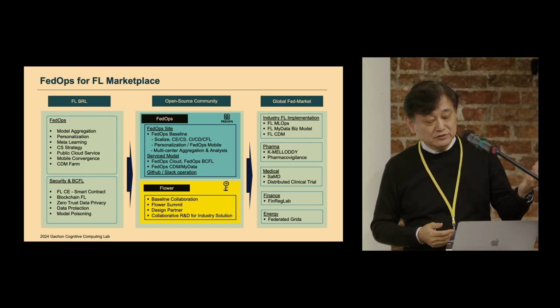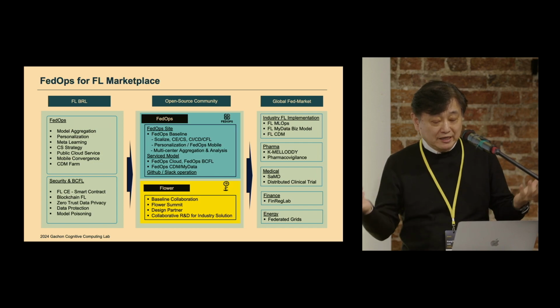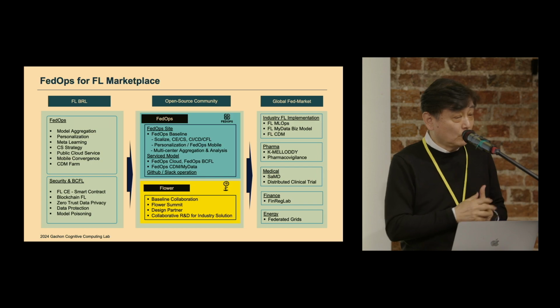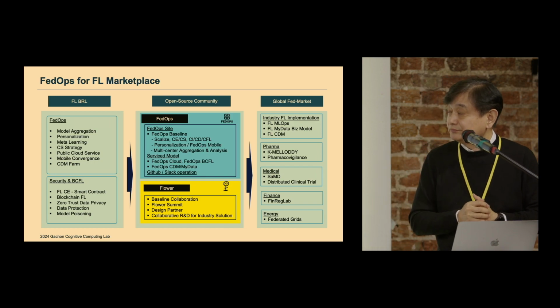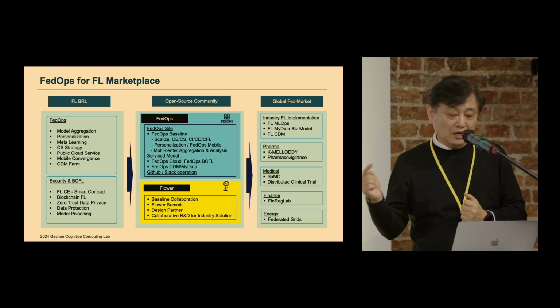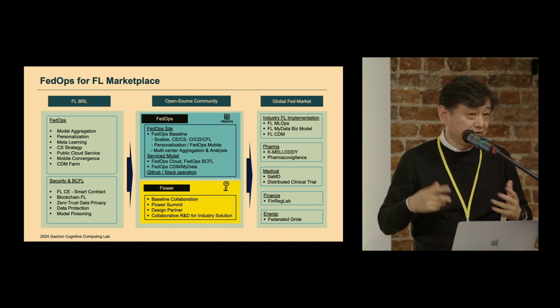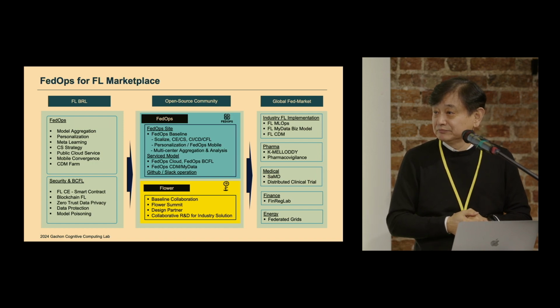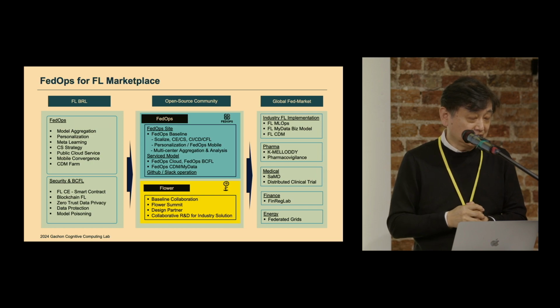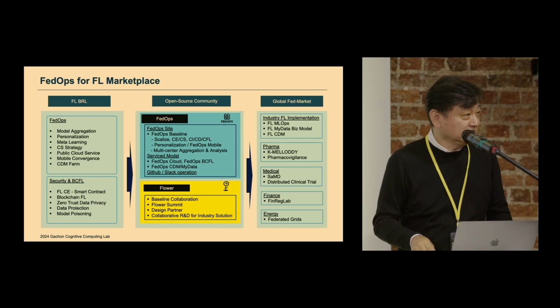Generally industry, and also pharma, medical, finance, energies. We already saw several talks about energies. So we are going toward the marketplaces. We are preparing and building cases with Flower. That's what I'm doing. Thank you for listening.